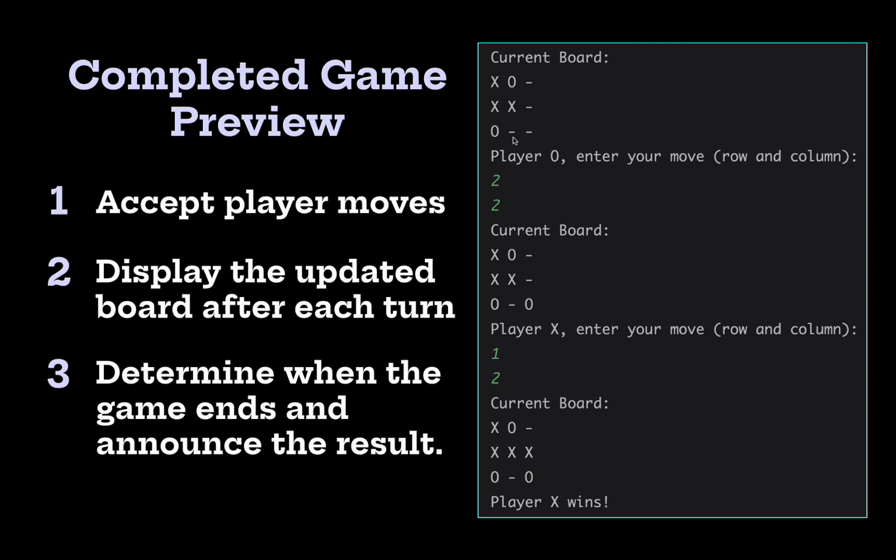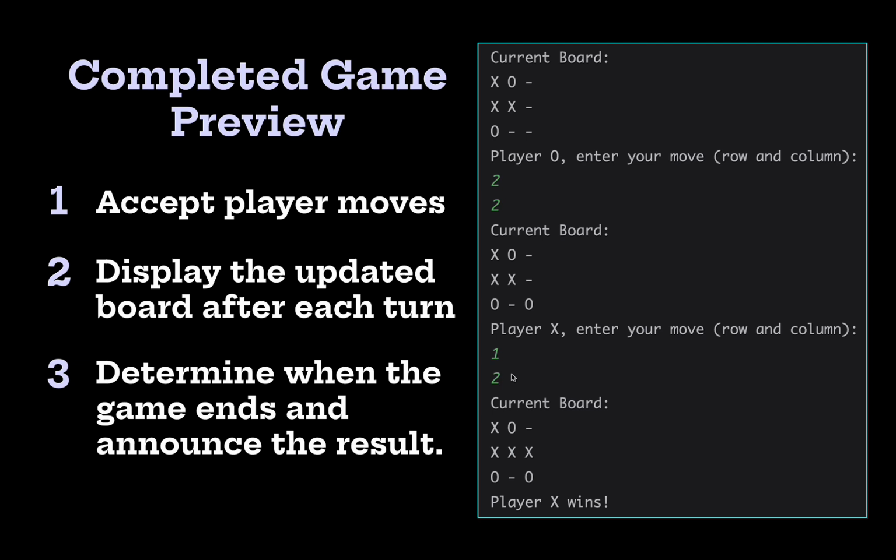So we know by looking at this that this part of the board, this part, this part, and this part of the board is yet to be filled. And so we can enter a move, for 2, 2. When we do that, 2 to represent row and 2 to represent column, it looks at the row 2 and the column 2. And that plays the next user, which is O in this case.